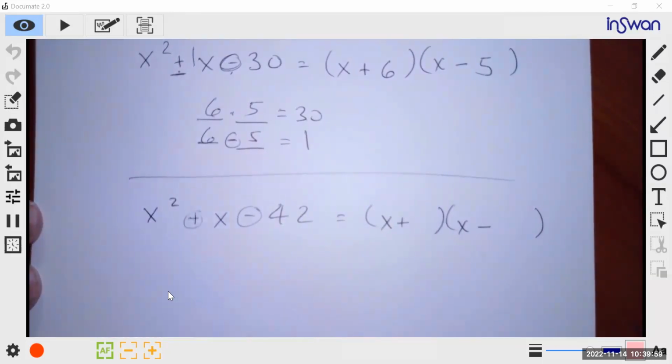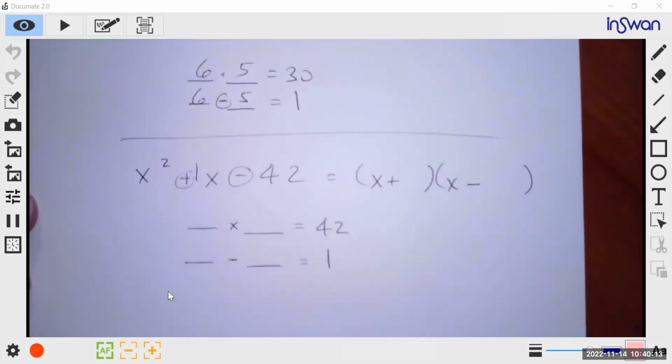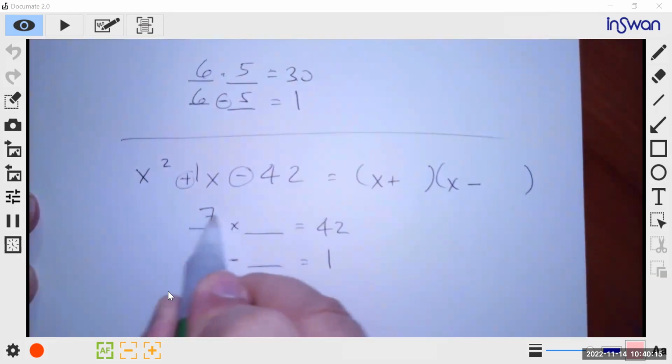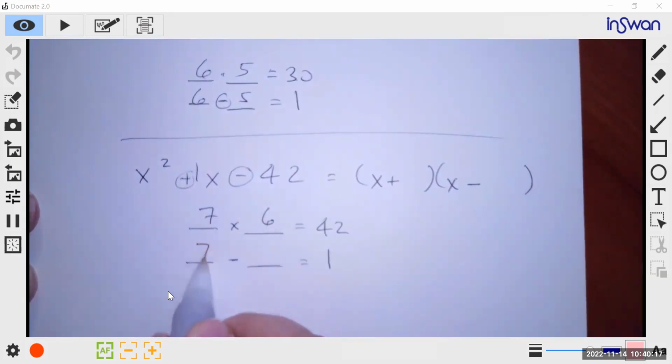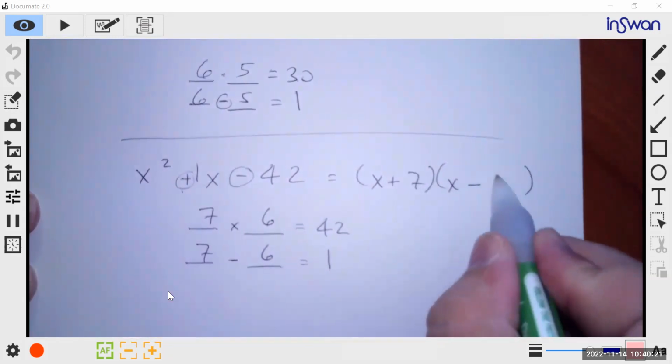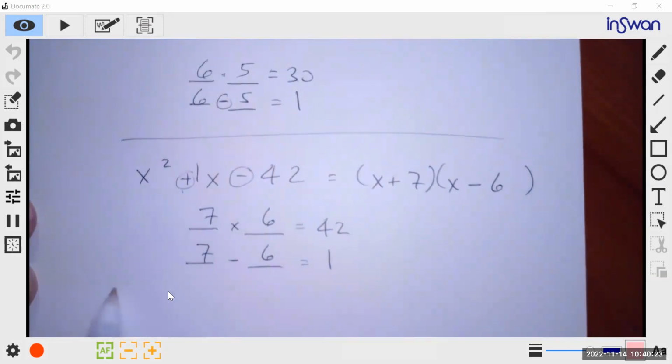The first one's a plus, so the bigger number gets a plus. What times what is 42? When we subtract them, we get 1. 7 times 6, 7 minus 6. So 7 goes in the plus, 6 goes in the minus. The hardest part here is knowing your multiplication table.